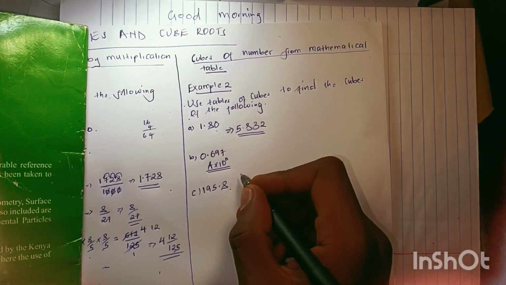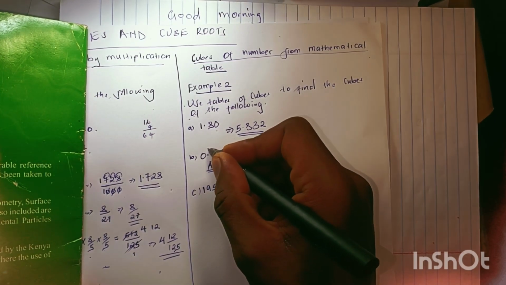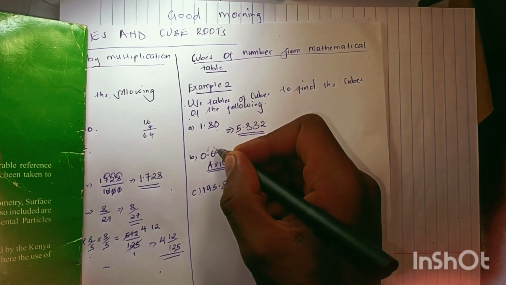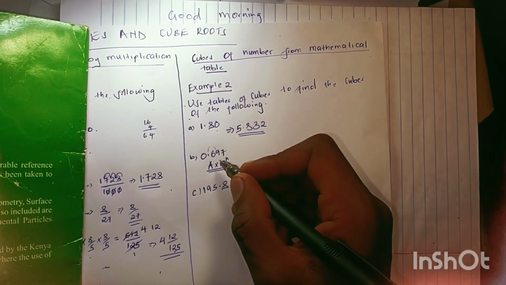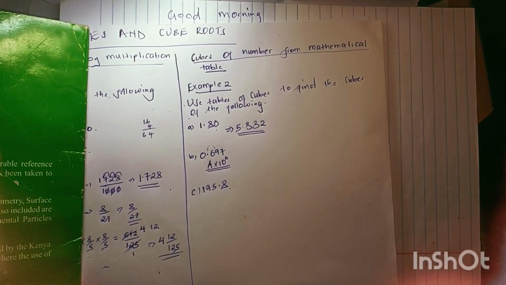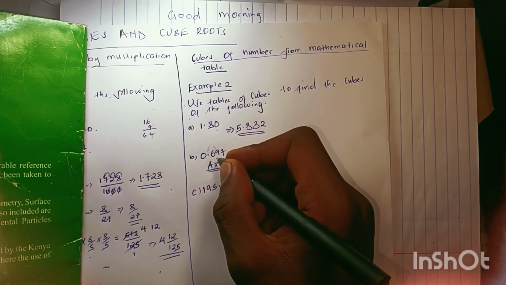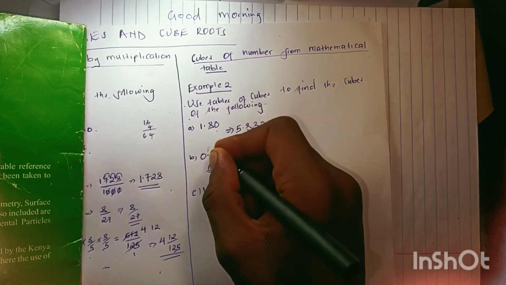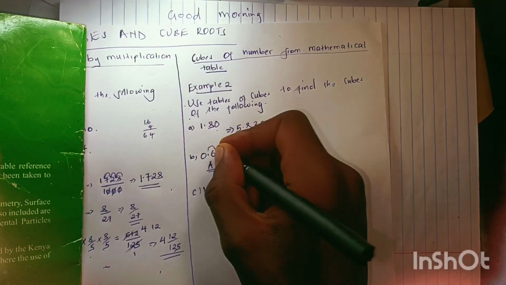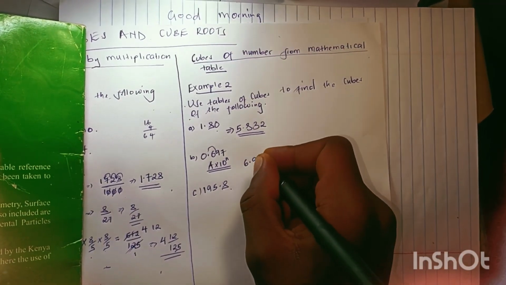So for me to write the standard form, let me take the decimal into the number. The least number should be at least 1 plus. That is the minimum value you're supposed to read from the table. So in this case, when I take the decimal inside, I'll get 6.97.